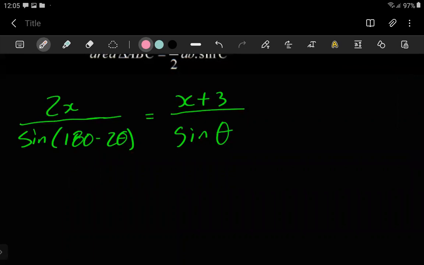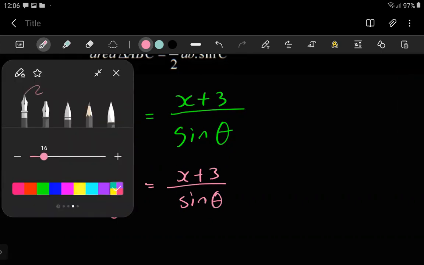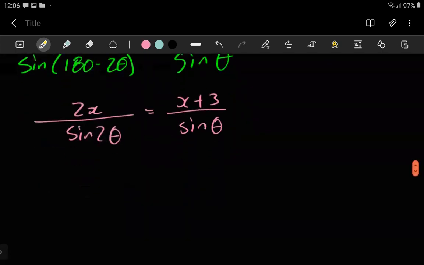Because here at the top we have 2x, and we cannot do anything with it. Down here, our reduction formula will tell us this is going to be sine 2 theta. And then the sine plus the x plus 3, nothing can happen there. Nothing can happen to the sine. And then now we are in trigonometry territory, meaning double angles, compound angles.